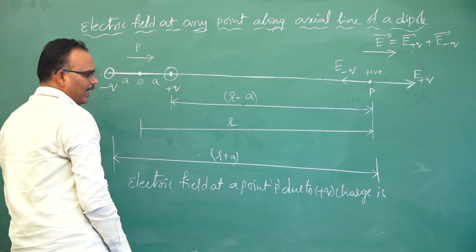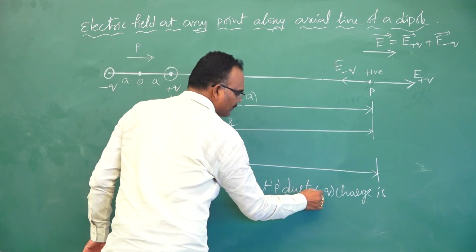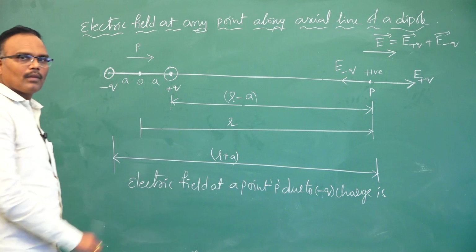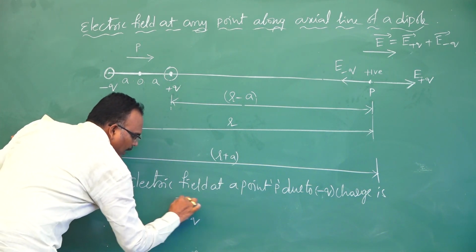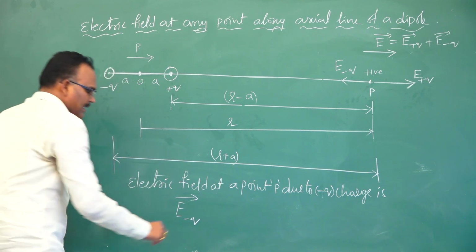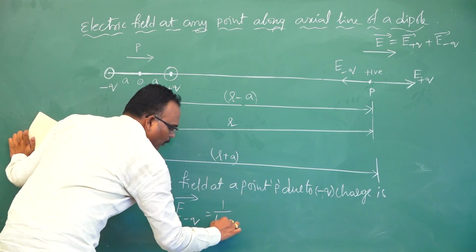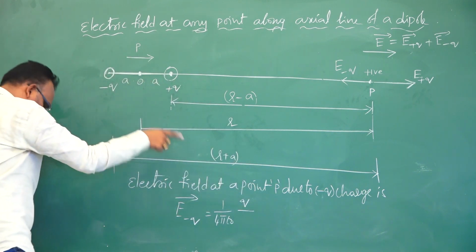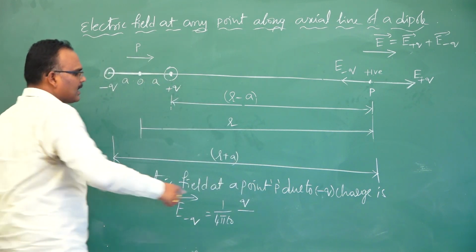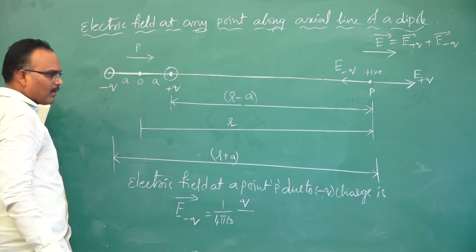Electric field at point P due to negative charge is equal to 1 by 4 pi epsilon naught, charge q, but here I am not taking the negative sign because electric field is a vector quantity.